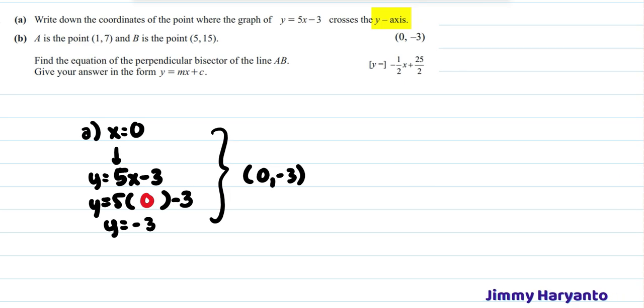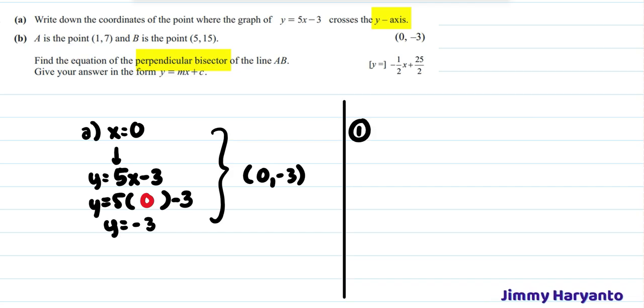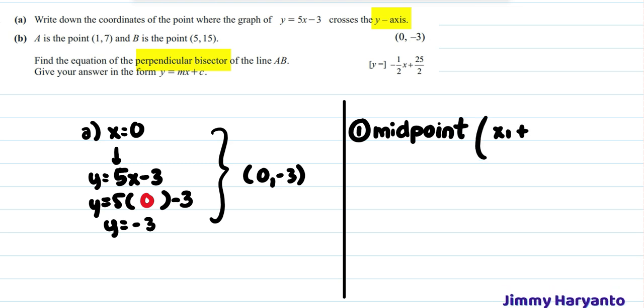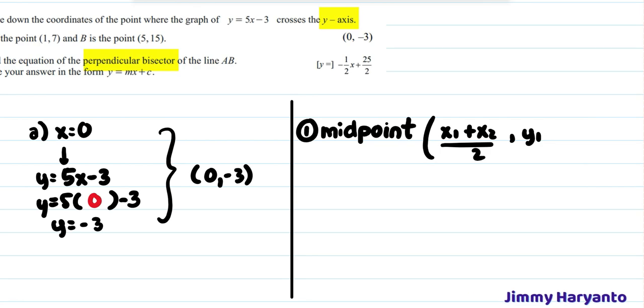Next, A is the point (1, 7), B is the point (5, 15). The keyword for this question is perpendicular bisector. To find the perpendicular bisector, you only have to find the midpoint first using this formula, x1 plus x2 over 2, y1 plus y2 over 2.